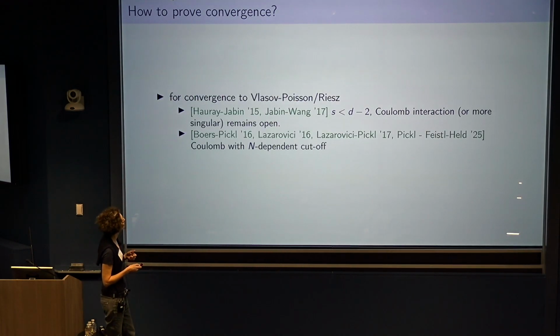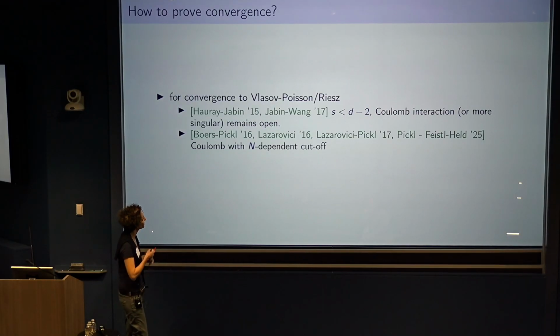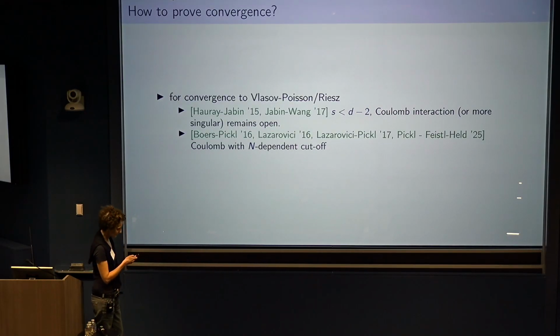And then I should mention something about the second order evolution. As I told you, we don't know how to prove second order convergence in generality. But Jabin and Wang had proven convergence for some s that are small enough. So they don't really go all the way to d minus 2. I don't remember, it depends on the dimension, but something like d minus 1.